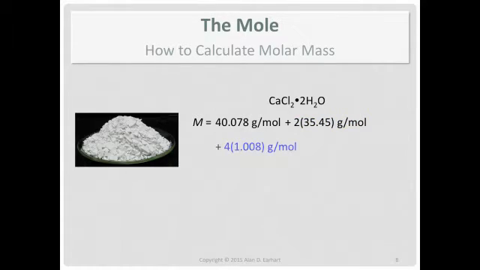Well, that means you have 4 hydrogens and 2 oxygens. And when I add them up, I go to 2 decimal places because of the chlorine. But like before, if you're using this in a calculation, you can keep all the decimal places.